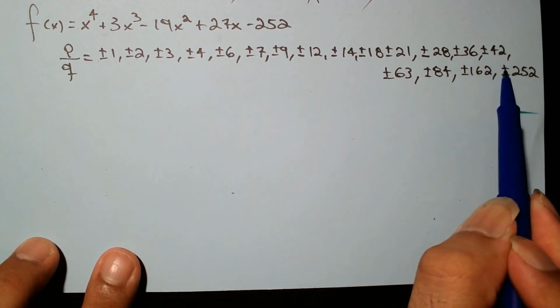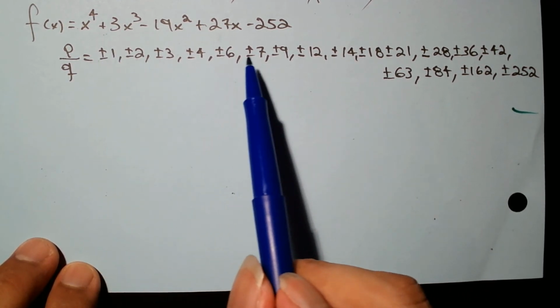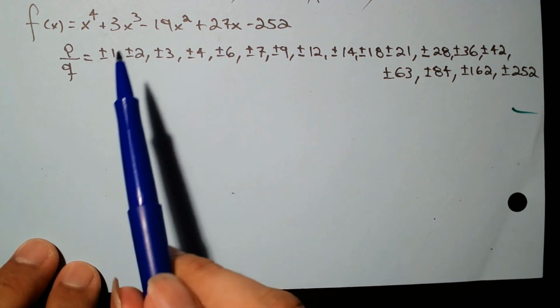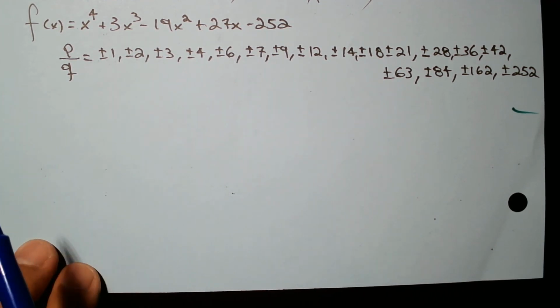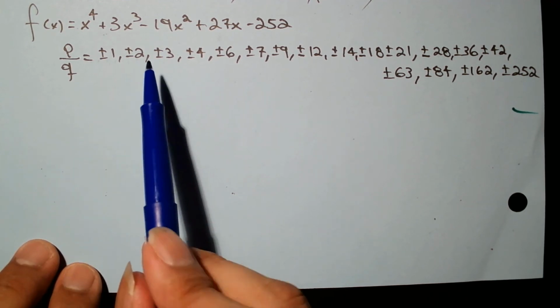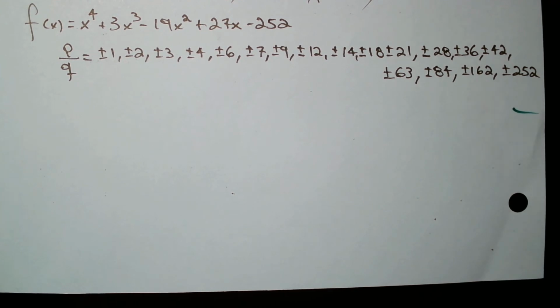Just doing this is going to take forever. On top of that, you would have to test every single one of them, and trust me, when I was looking at an example like this, it wasn't pretty. I had to try synthetic division at least 6 or 7 times. I'll show you what I mean by that.